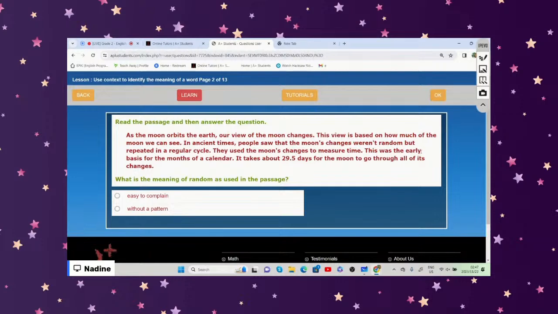They say that people saw that the moon's changes weren't random but repeated in a regular cycle. So, random, is it easy to complain or without a pattern? What is random?